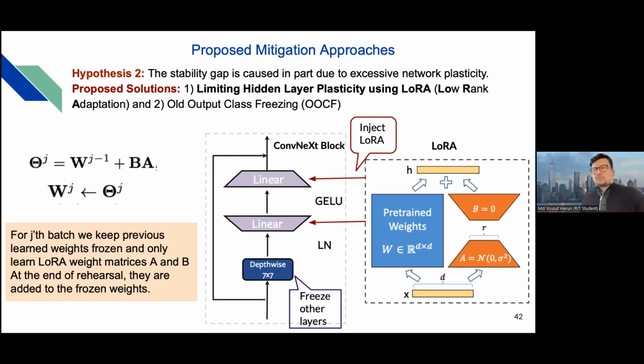After training, we just merge the LoRA weight matrices into the original weight matrices, so it does not increase any inference cost. It's just like temporarily keeping this additional random matrix to adapt the original weight, and it's very computationally efficient. We also found this solves the excessive plasticity in the deep neural network.